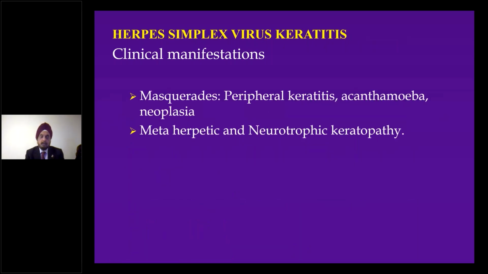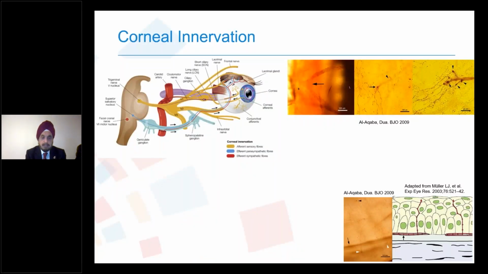Then some of the masquerade presentations that may mimic HSV, or that HSV might mimic, and neurotrophic keratopathy. First, a very brief account, in a couple of slides, of the corneal innervation, because simplex virus is predominantly associated with the nerves and has a very high affinity for nervous tissue.